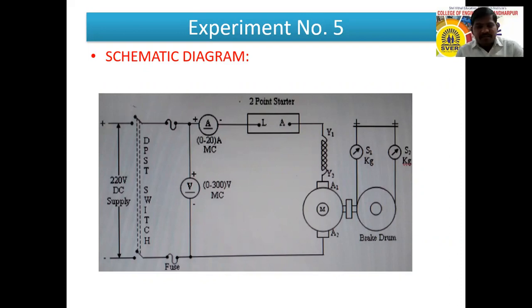Similar to that, we are gradually applying load to the DC series motor by rotating the pulley, and we are calculating the torque.